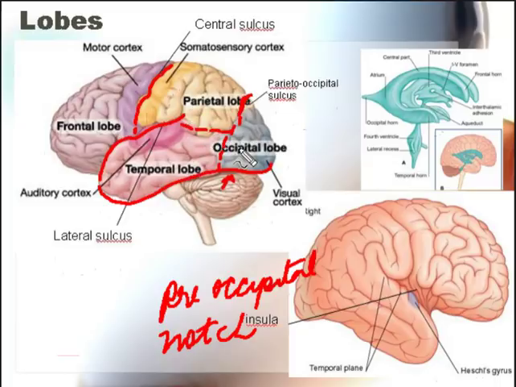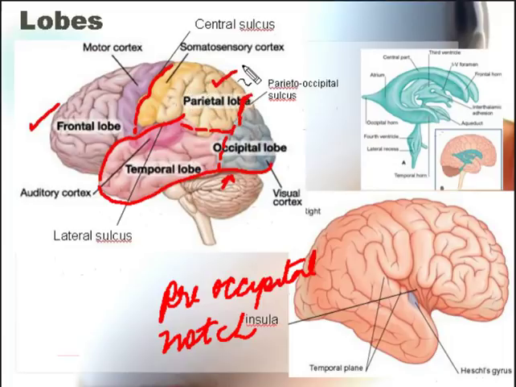The part in front of the central sulcus and above this lateral sulcus is the frontal lobe. The part behind the central sulcus, above the lateral sulcus, and in front of this artificial line that is from the parieto-occipital to the pre-occipital notch, this is the parietal lobe.